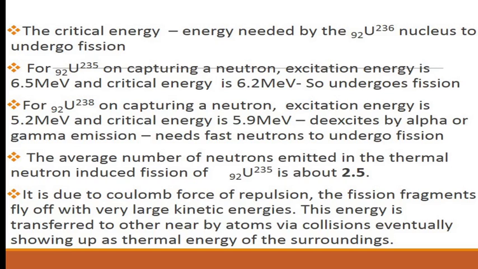So in each nuclear fission reaction, we are having neutrons as byproducts, and the average number of neutrons emitted in a thermal neutron induced fission of uranium 92 235 is about 2.5. So the average number of neutrons released in a nuclear fission process is 2.5.